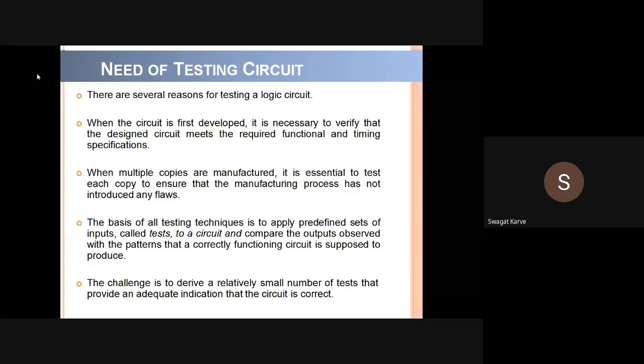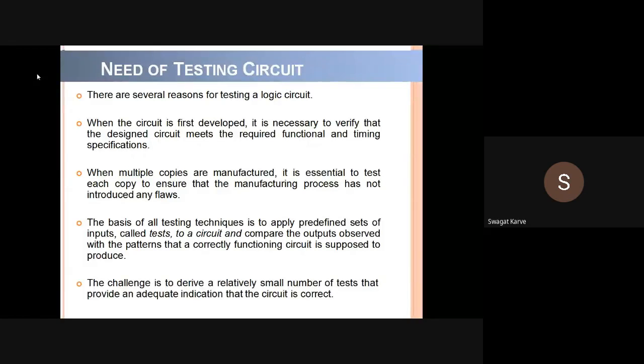Clear with this? So these are some of the points. That's why we should go for the testing of logic circuits. Right? First, we have to check the functionality, whether it is functioning properly or there is a malfunctioning, right? Then timing specifications we have to check, right?